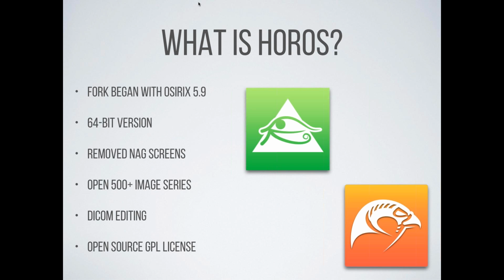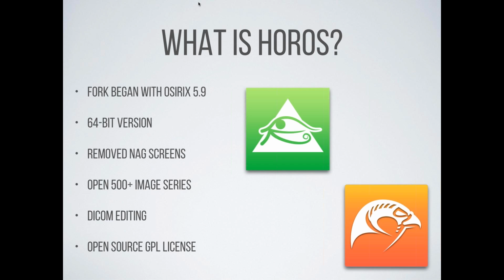I'll give you a little bit of history here on what Horos is. Horos is a fork that began with Osirix 5.9. In fact, a guy named Alex Bertonini decided that he would start an Indiegogo and build a 64-bit version of Osirix from the open source code available in the Osirix GitHub repository.